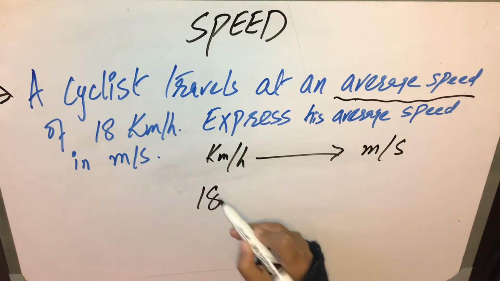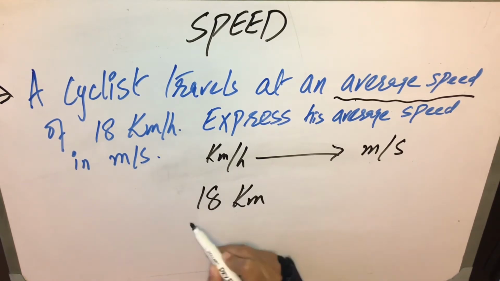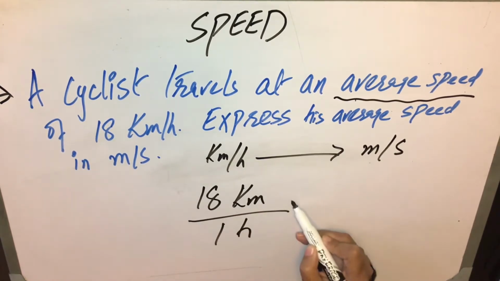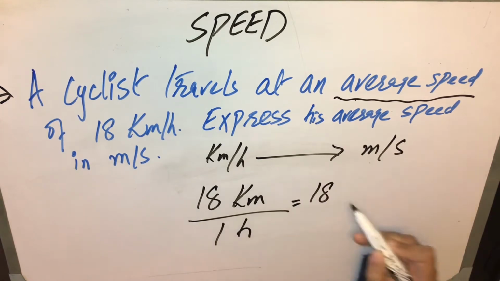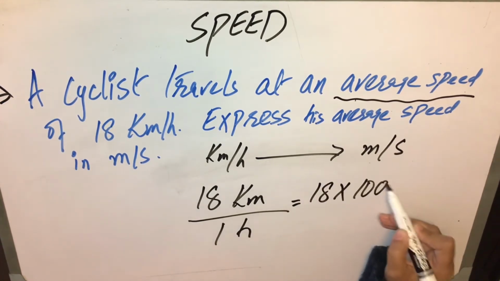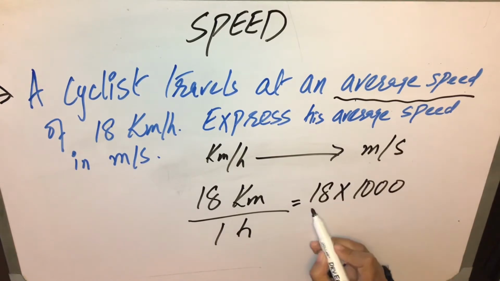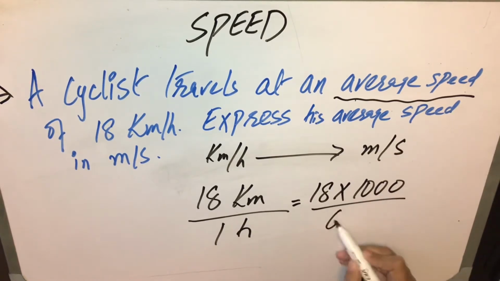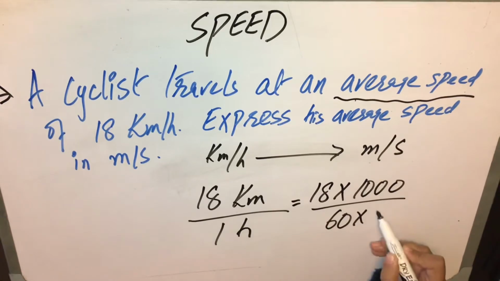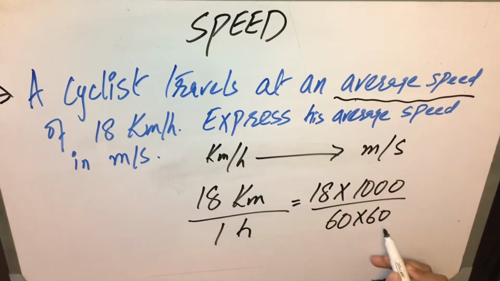This is 18 kilometer in 1 hour. So when we convert kilometer into meters, we have to multiply with 1000, as in 1 kilometer there are 1000 meters. And in 1 hour there are 60 minutes, and in every minute there are 60 seconds. So we have to make our denominator 60 multiplied by 60, which is 3600.